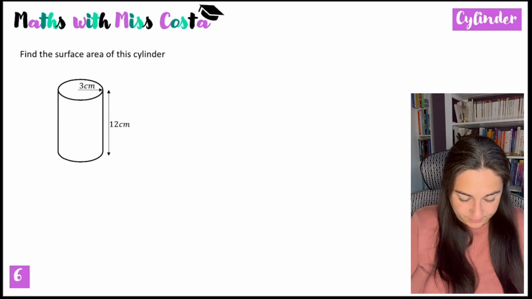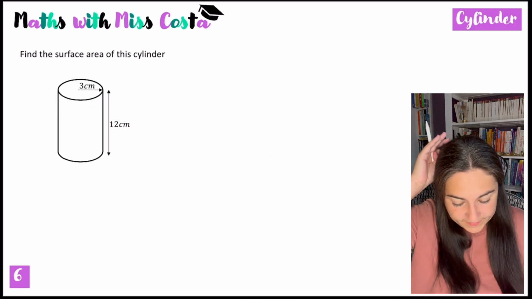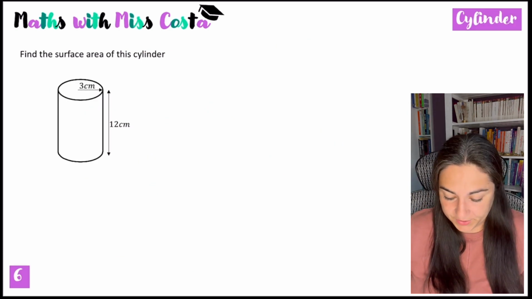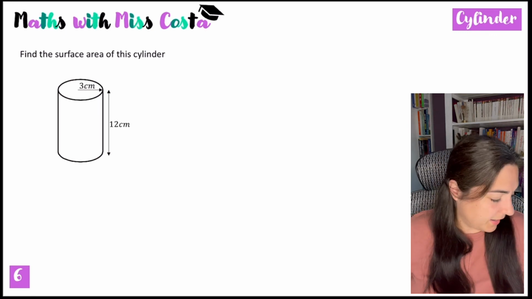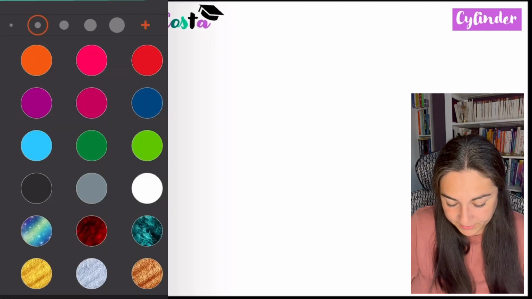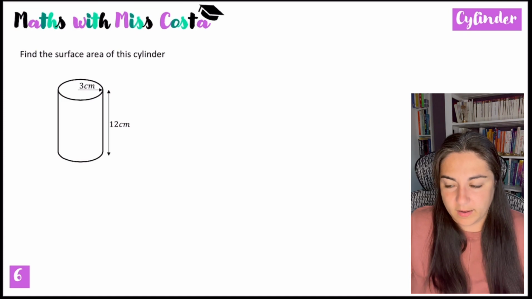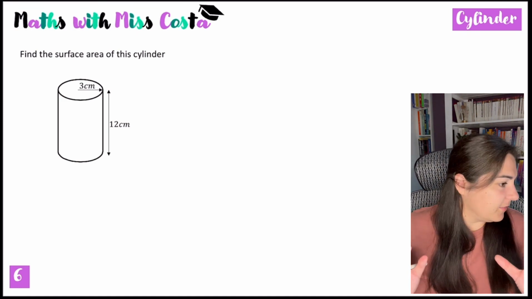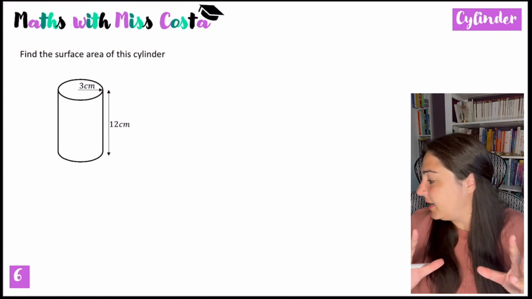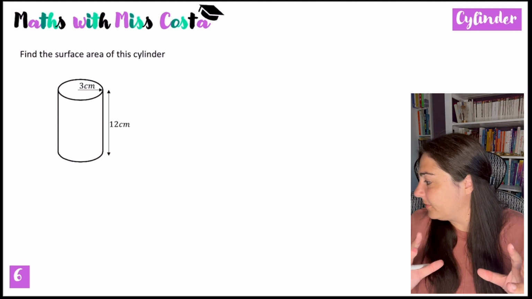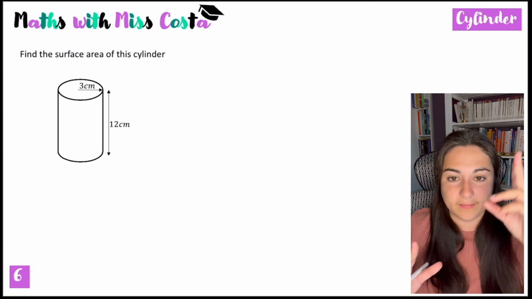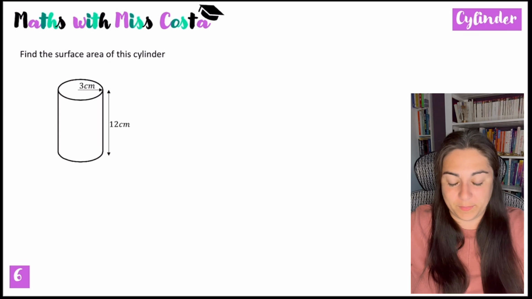Okay, next we've got find the surface area of this cylinder. So for the surface area of a cylinder, if you imagine unraveling a toilet roll, if you just cut it, it would unravel and it would be a rectangle.